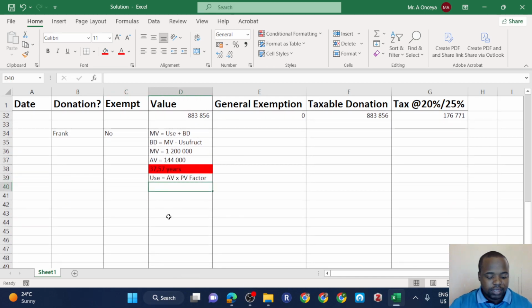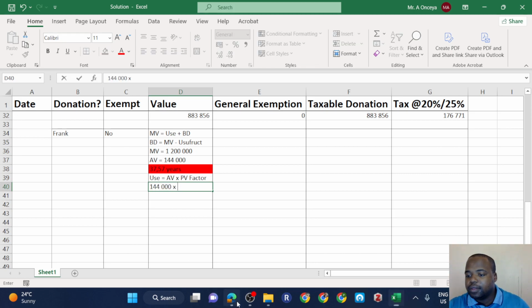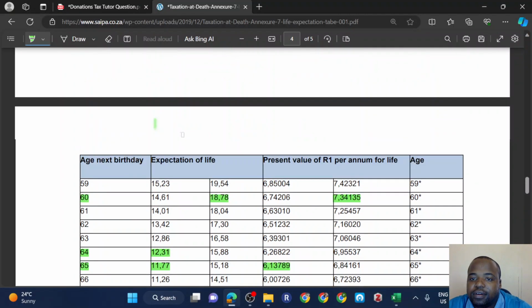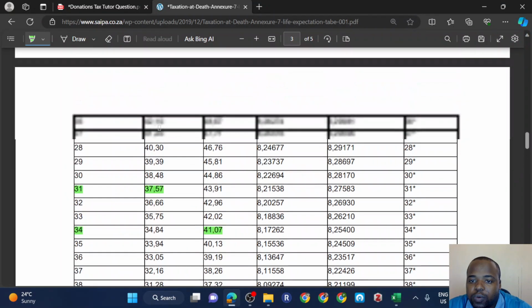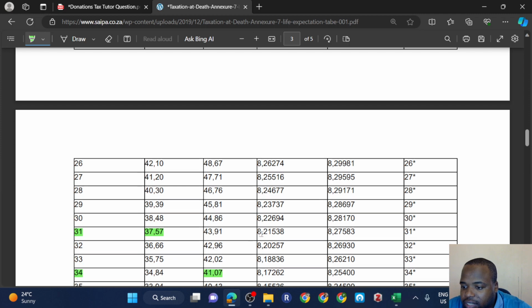So that will be 144,000 multiplied by the PV factor of a 31-year-old male, which is 8.21538.